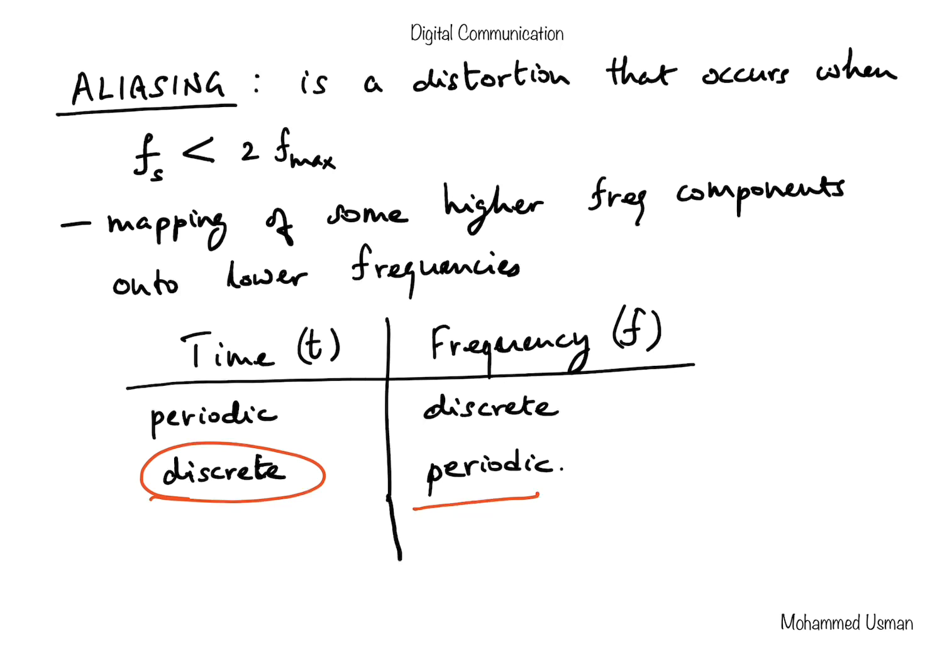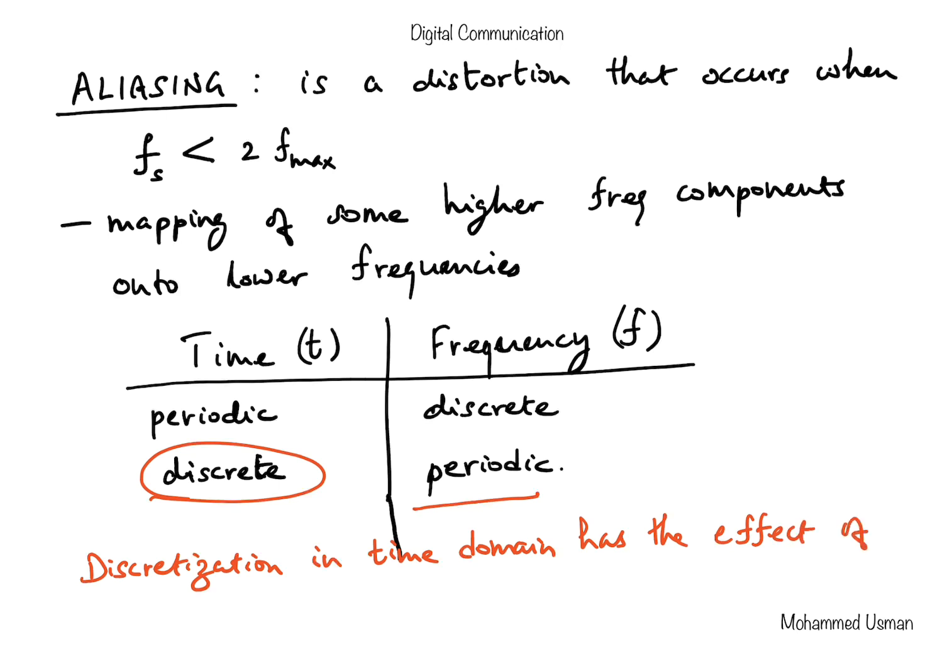Hence we can say that discretization of a signal in the time domain has the effect of introducing periodicity in the frequency domain.